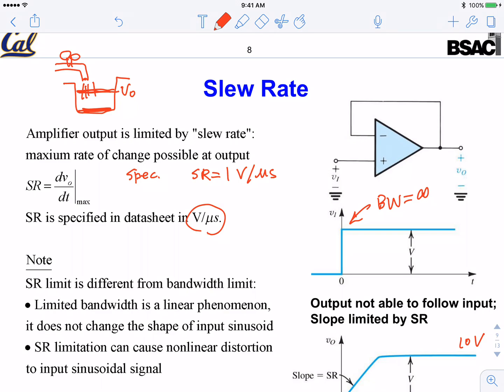If your output voltage is 10 volts, starting from 0 volts, then the time it takes for the ramping will be 10 volts divided by the slew rate. This will be 10 microseconds. That's the fastest you can get to 10 volts, and this is just due to the finite output current in the op-amp.